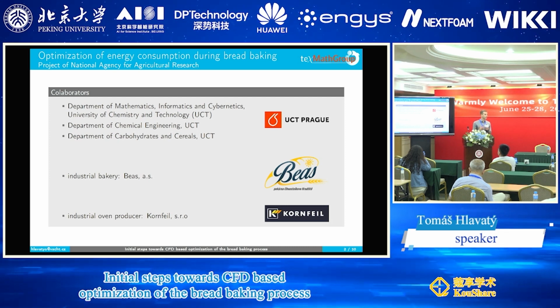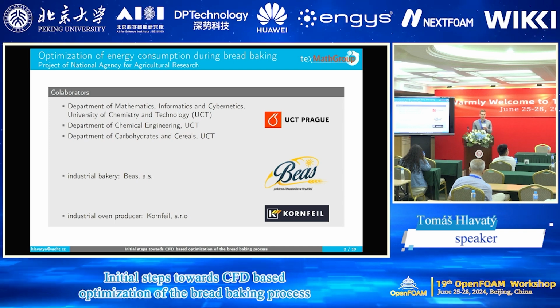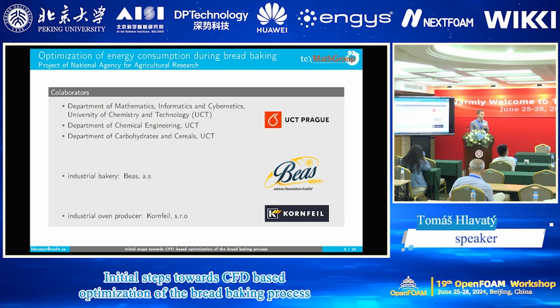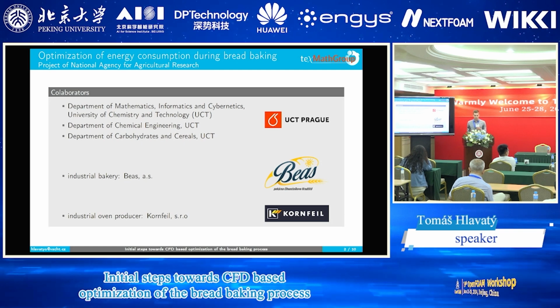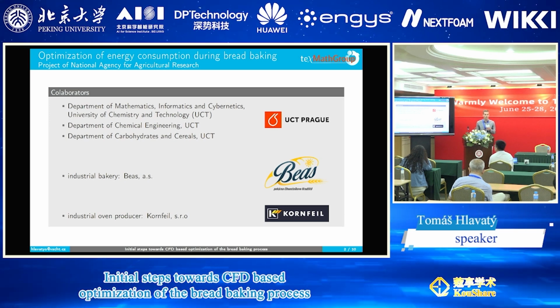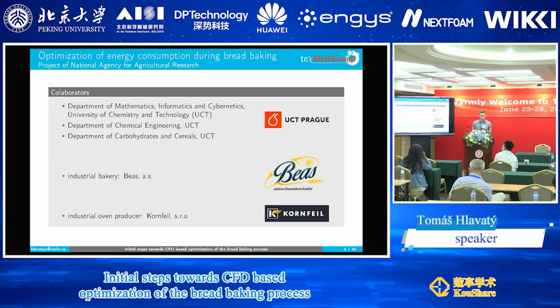I personally am from the Department of Mathematics, Informatics and Cybernetics of the University of Chemistry and Technology. Our department, together with the Department of Chemical Engineering, should be responsible for the modeling part of the project. Then we have collaborators from the Department of Carbohydrates and Cereals that will take care of experiments and measurements.